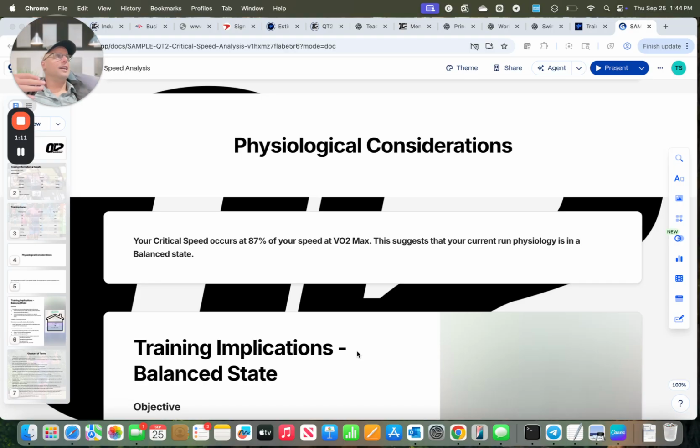So what does that testing mean about the larger training approach that you as an athlete should be taking based upon that testing? Not forever, but for the time frame that is defined by that testing.